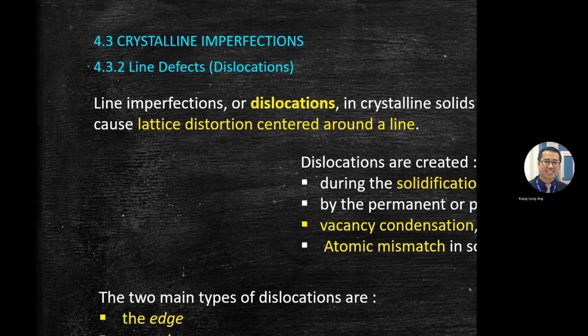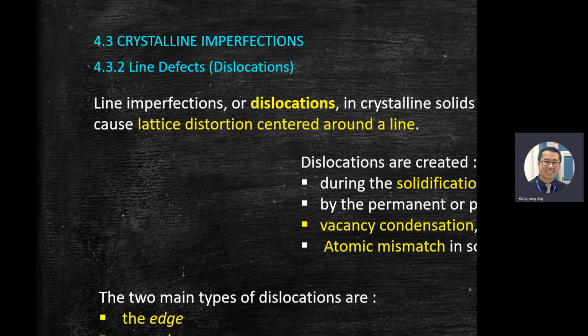How does this line defect or dislocation happen? Again, solidification, permanent or plastic deformation, still the same as your vacancy just now. Vacancy, condensation, and atomic mismatch. So this one is special for line defect.